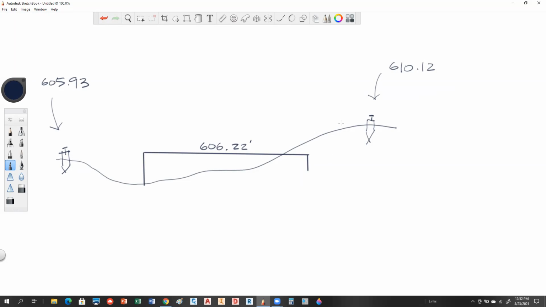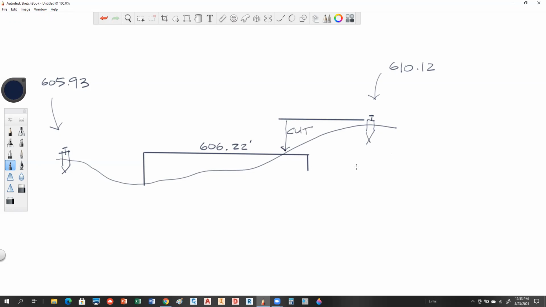So technically, if we look at this, what you're saying is if that's a level surface of that stake, any point on this line is 610.12. Everybody agree with that? Yeah. Okay, so what I need to provide for somebody then is how much do I cut? What would be my cut from that line down to that finished floor? Well, that's pretty simple, right?